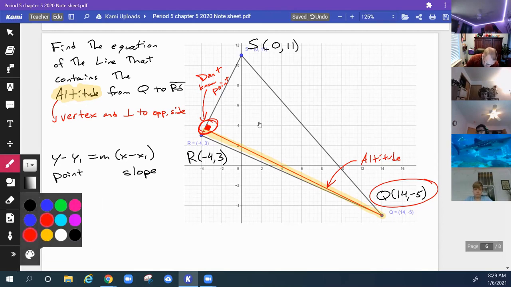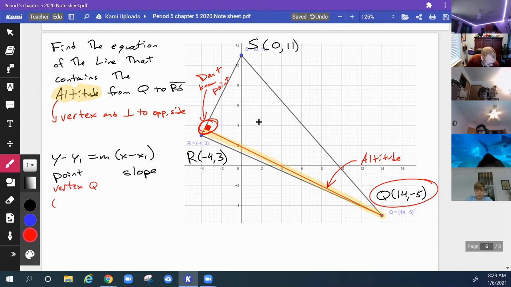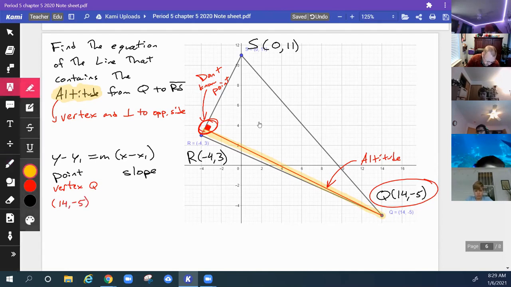So the point that it goes through, I know this is going to be vertex Q, which is (14, -5), okay? So I know the point already that it goes through. So I know that it goes through the point Q. So right now when I'm writing my equation of the line, I know a point that I'm using in there. I don't know what this one is here, so I can't use it, but I can use the one that I originated from.